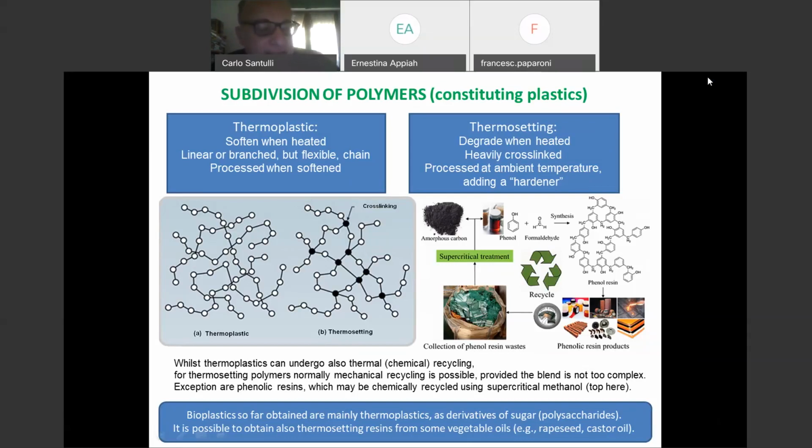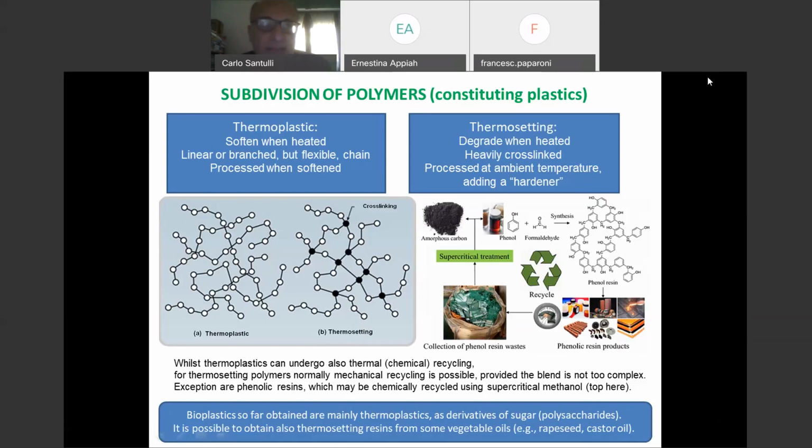You can obtain a traditional plastic from ethanol, for example, and you can also obtain a thermosetting using vegetable oils, for example rapeseed or castor oil.